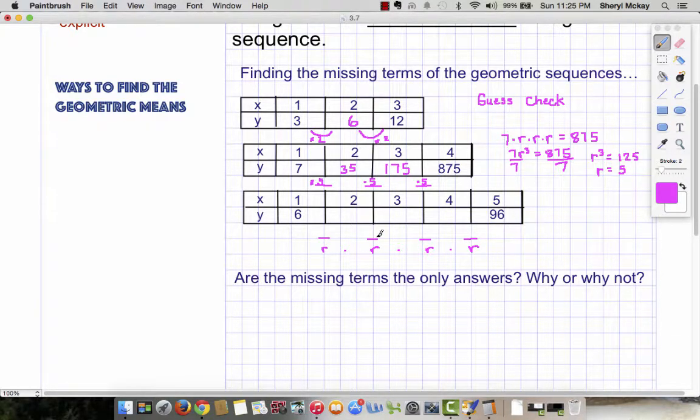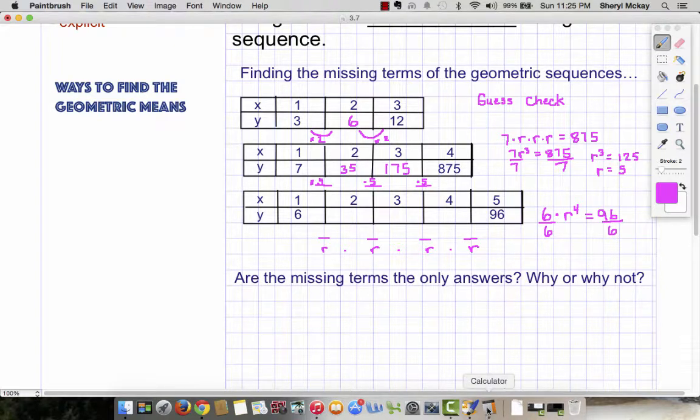And if we multiply 6 times r times r times r times r, we should have 6 times r to the 4th power equals 96. And then, of course, if I'm going to solve for r, I have to get it by itself. So I'm going to make the 6 go away by dividing by 6.